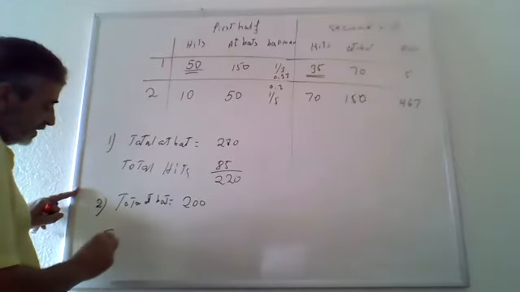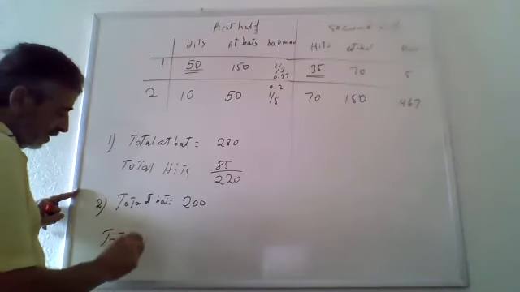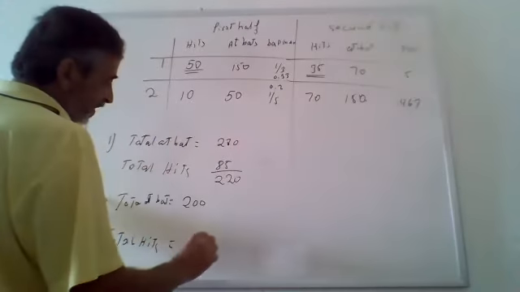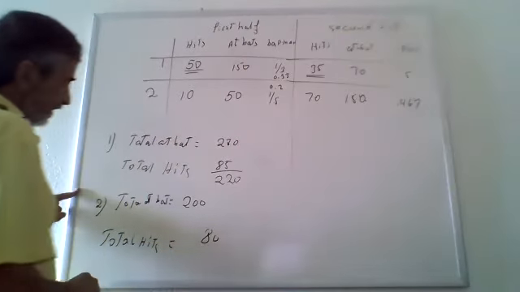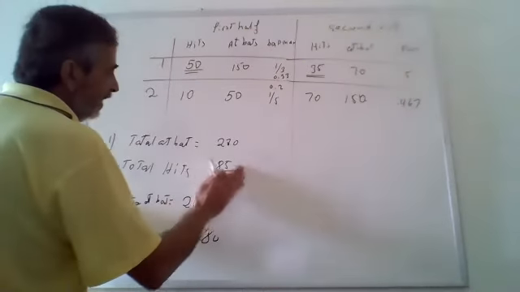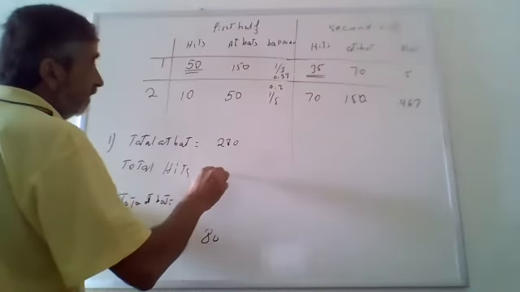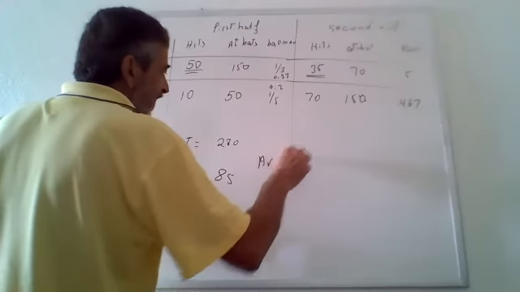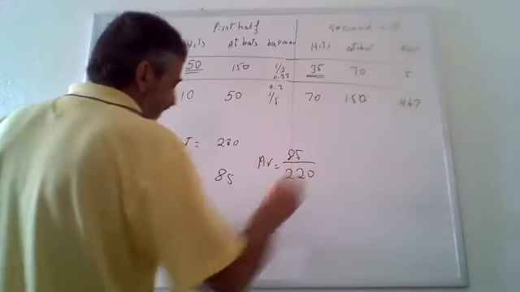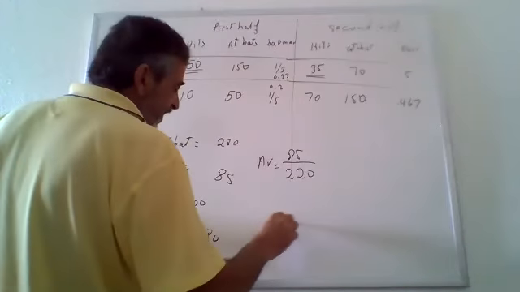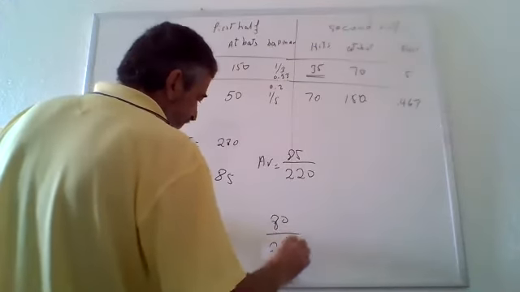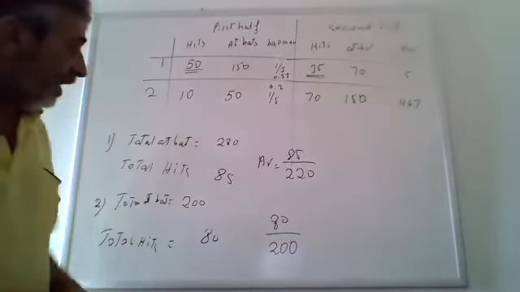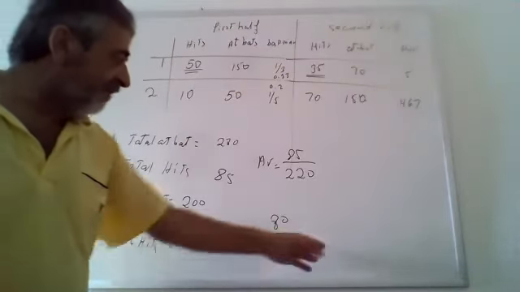And then total hits is equal to 10 and 70, which is 80. So, all right, let's go ahead and do that over here. That was 85. And average is 85 over 220. Over here, average is 80 over 200. So 80 over 200 is going to be about 40%.